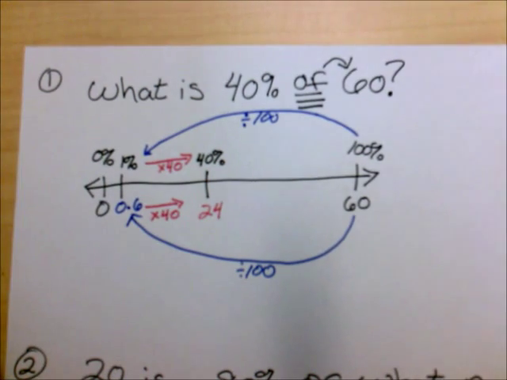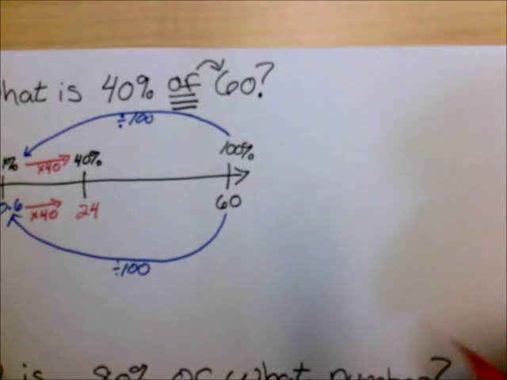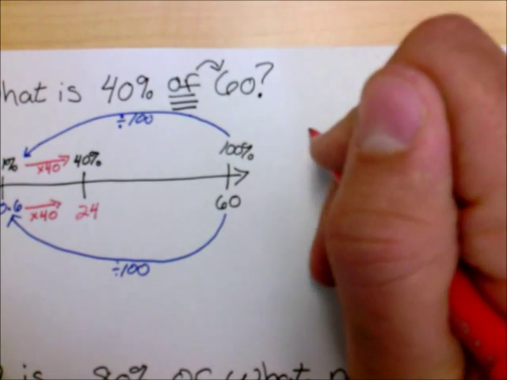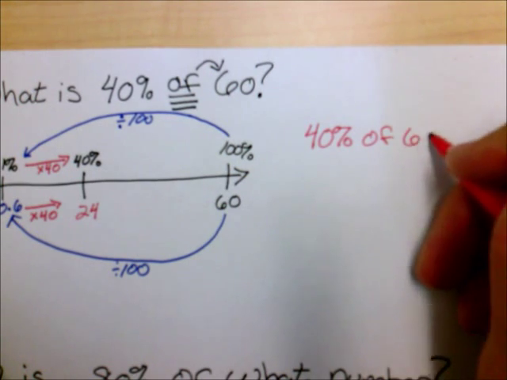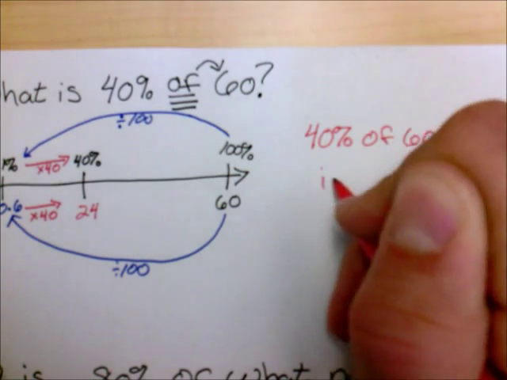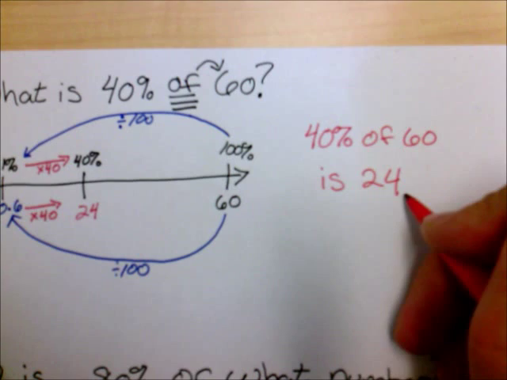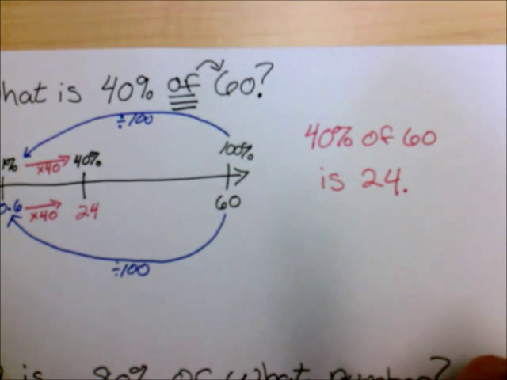So to answer my question over here, I would say 40% of 60 is 24. And that would be my answer.